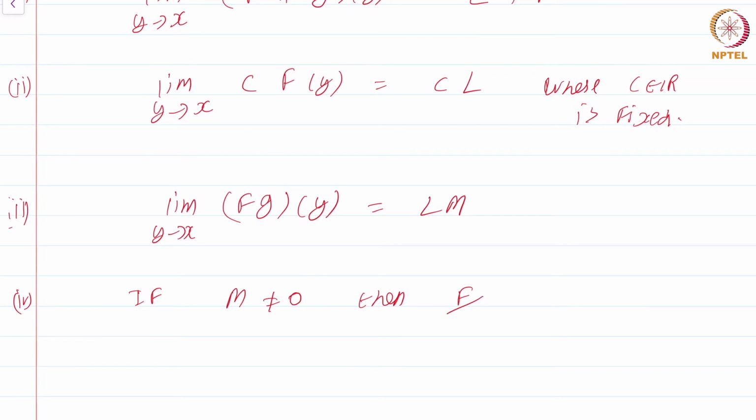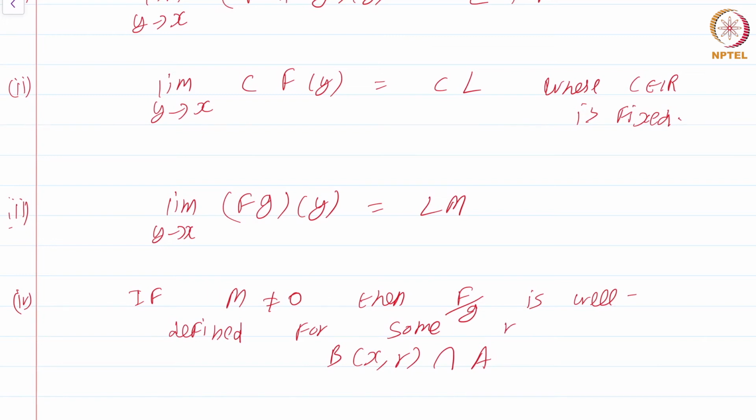f divided by g is well defined for some B(x, r) intersect A. If M is not 0, that is the limit as y goes to x of g of y is not 0, then f divided by g is actually well defined for some r greater than 0. Okay, so let me just write this precisely.